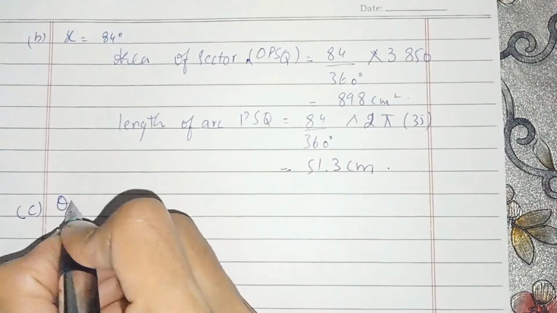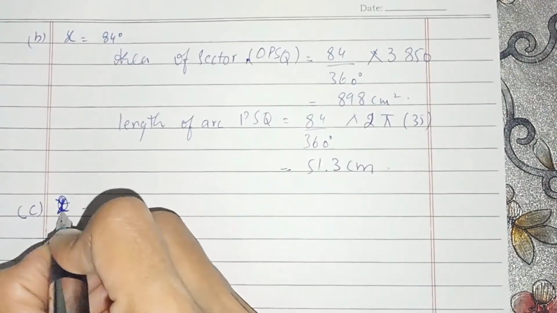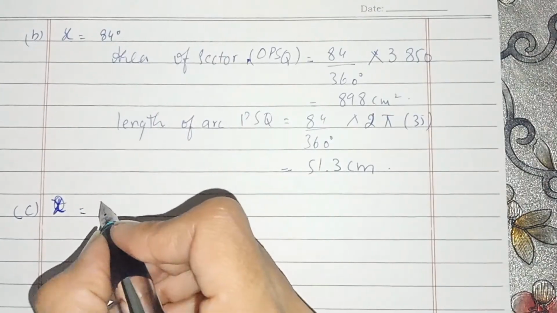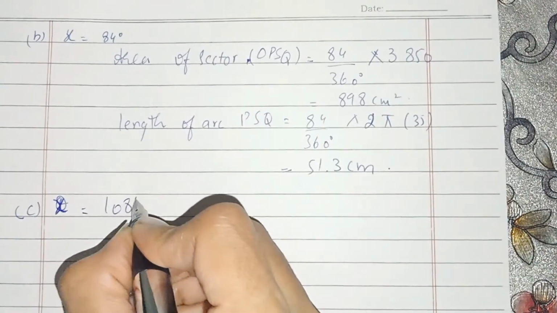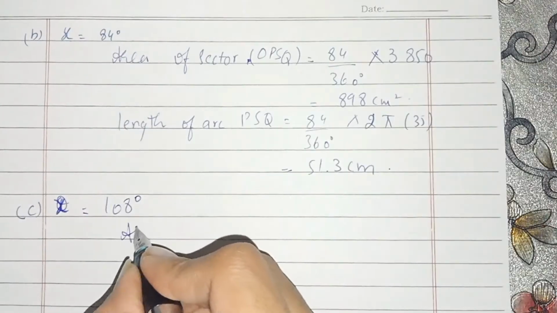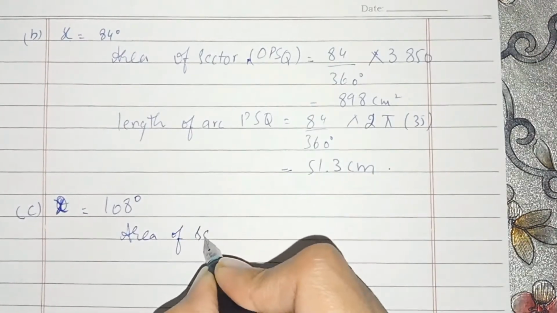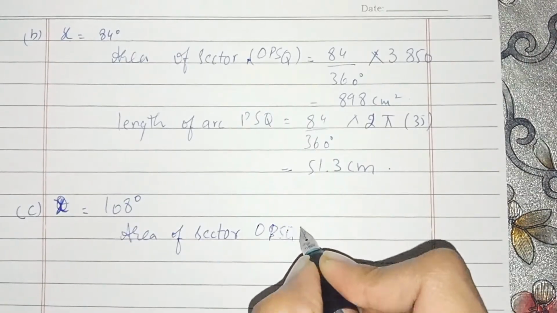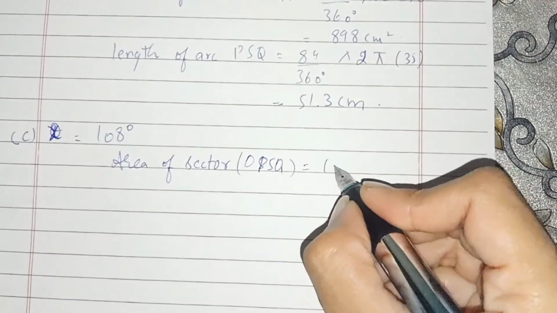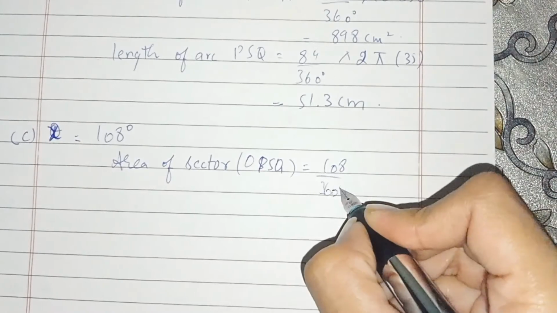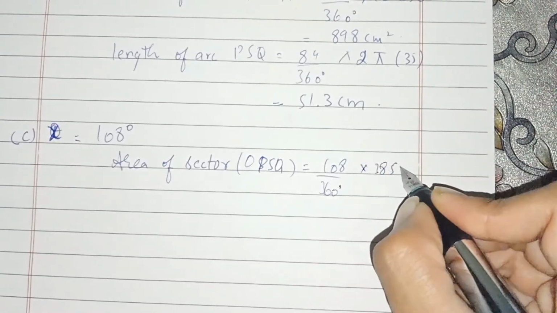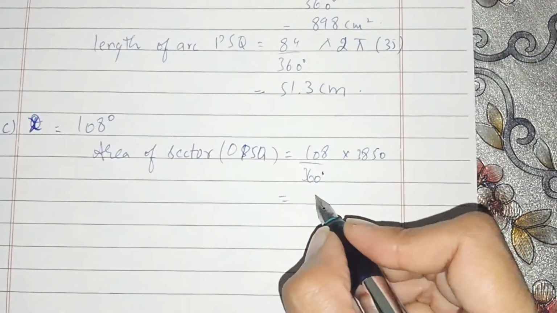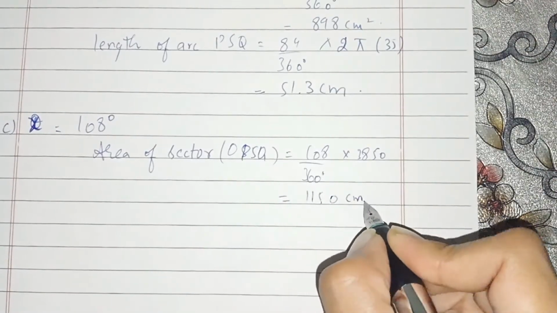And in part number C, the value of x is given to us, which we can also say is theta, and this is 108. Now we find the area of sector OPSQ, 108 over 360 degree, and by calculating it we get 1150 centimeter square.